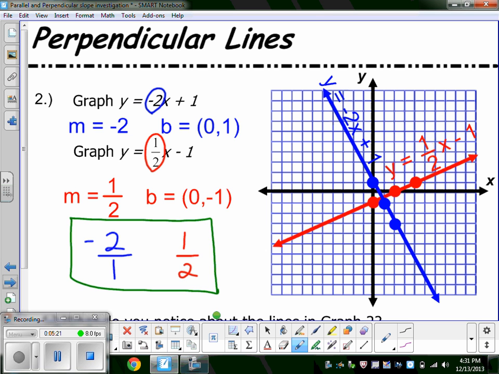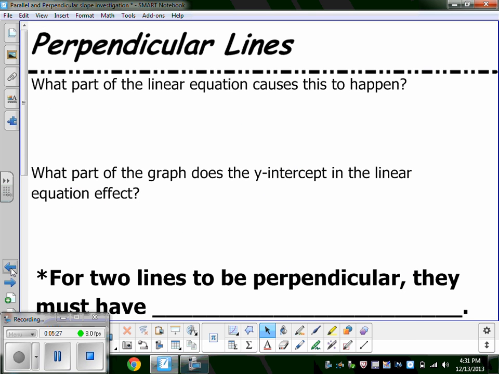This is the piece that is going to make our two lines perpendicular. The slopes are the pieces that will make our two lines perpendicular.